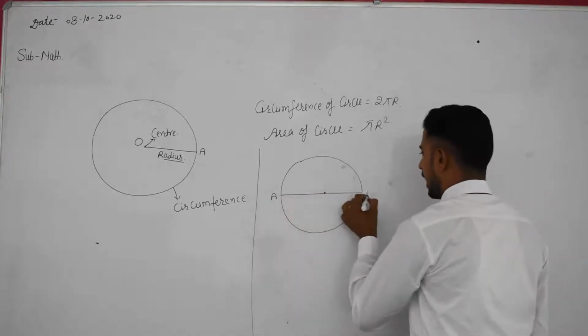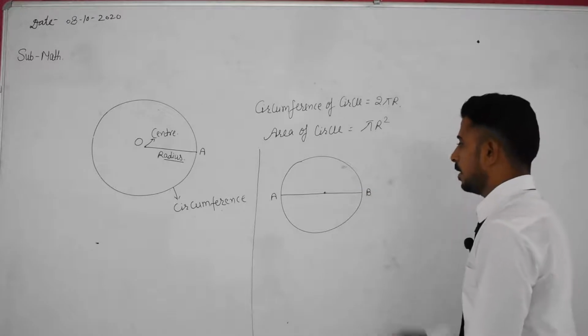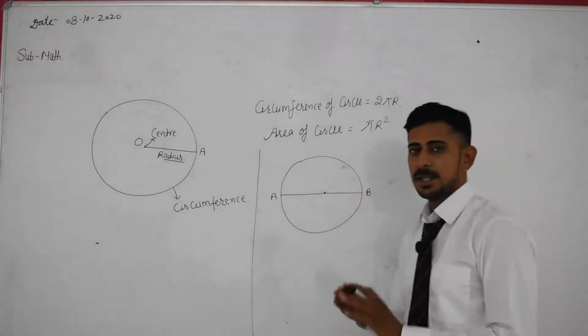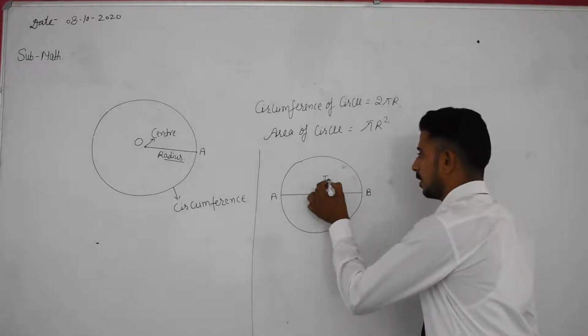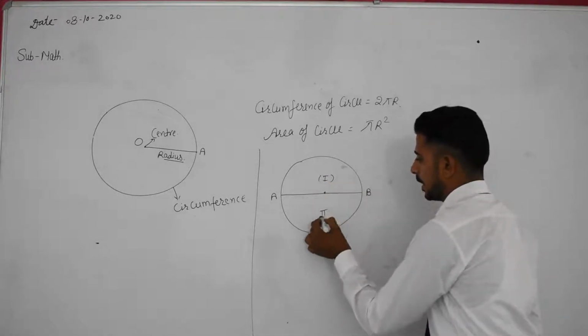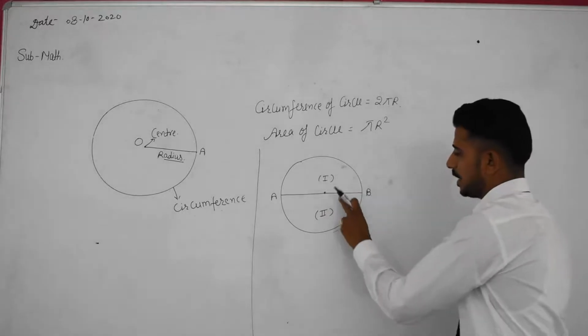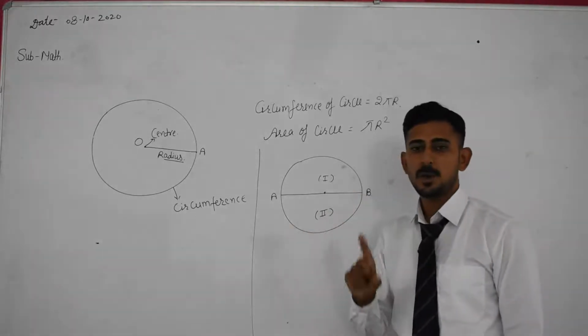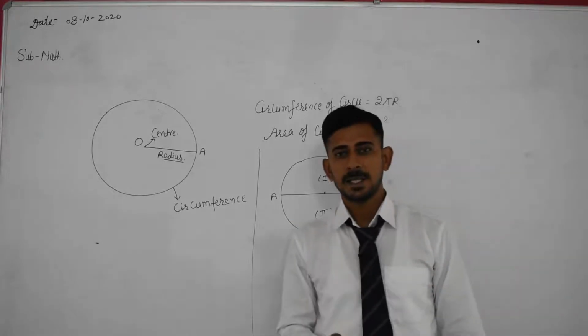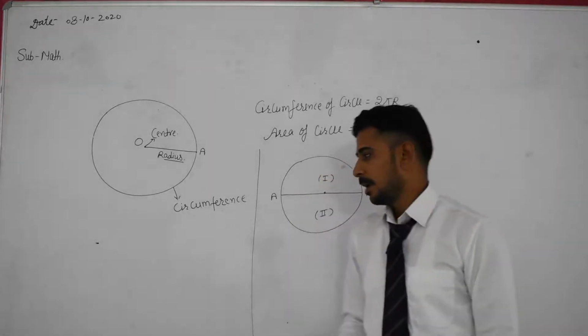AB is the diameter of the circle, then this diameter divides the circle into equal parts. This is the first and second part of the circle. First part is equal to second part. It means a diameter always divides a circle into two equal parts.